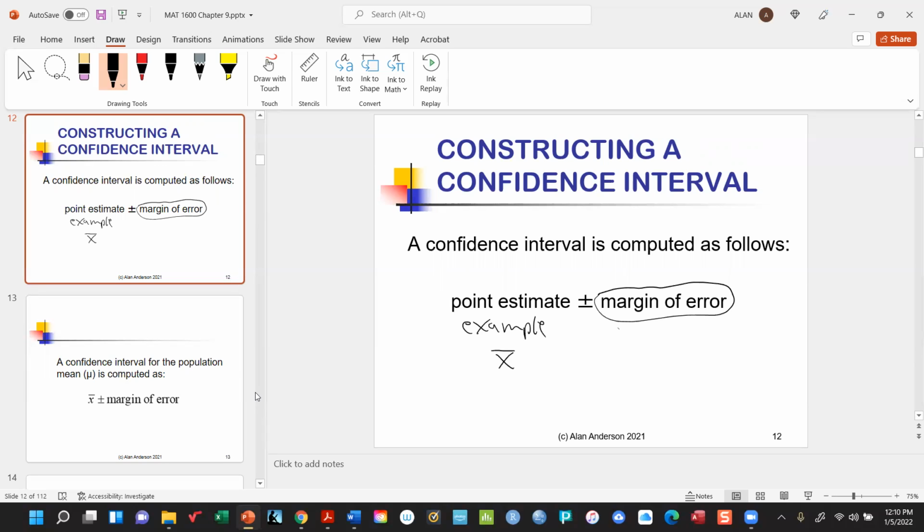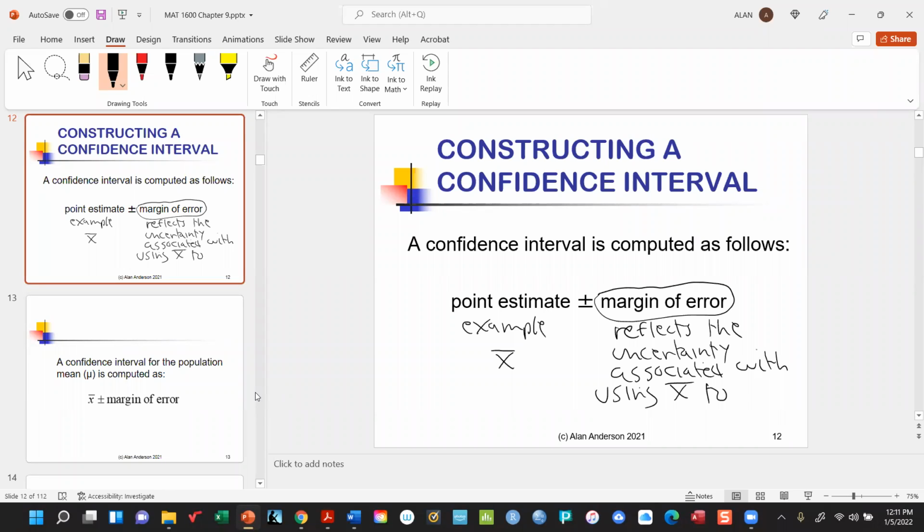This reflects the uncertainty associated with using X bar to estimate mu.